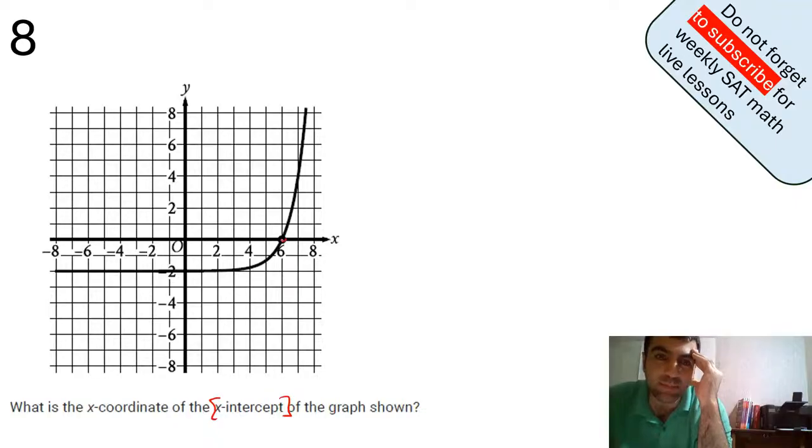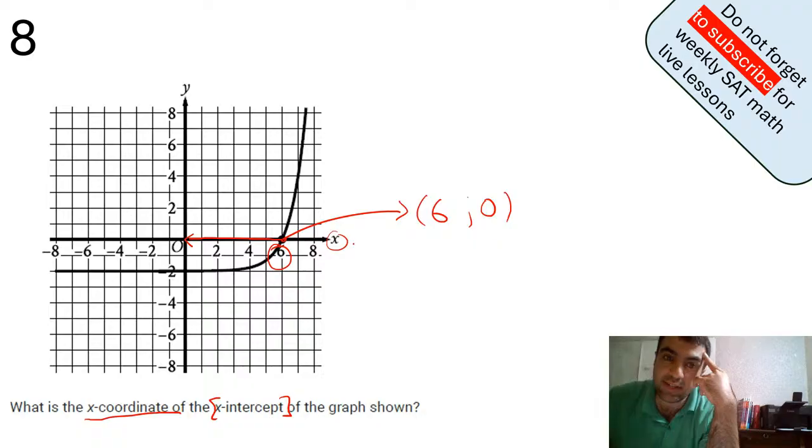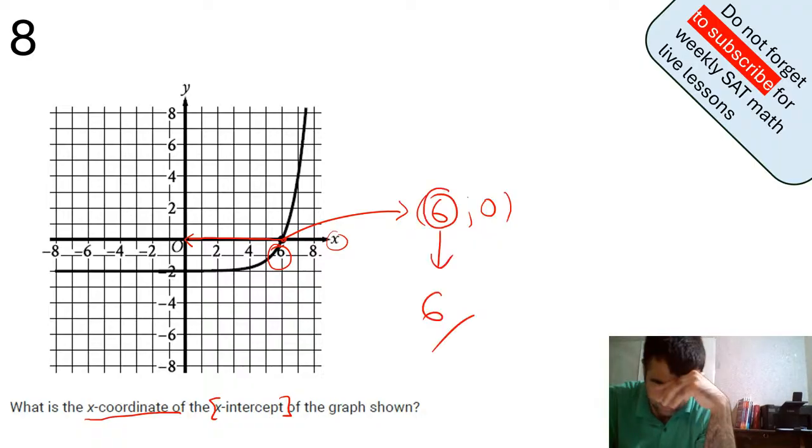X-intercept means this point, right? The point at which the graph intersects the x-axis. And we see that this is 6, the x-coordinate, and the y-coordinate of this point is 0, right? It is 0 because you see that this is 0. And what's the x-coordinate of the x-intercept of this graph? X-coordinate is 6. You were right. Mr. Shahin, you were right. Mr. Saib, you were right.